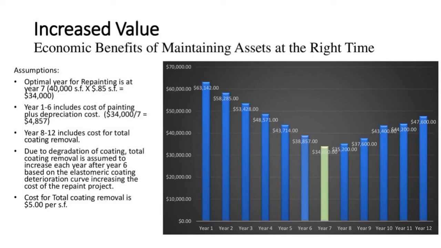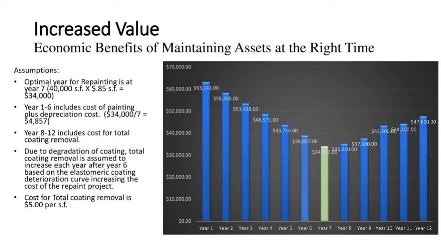In this chart, a deterioration curve was used to estimate the cost of the deferred maintenance after year 7. And so we see it gradually increases after year 7. That is based on $5 a square foot.